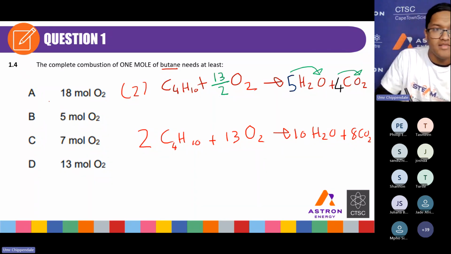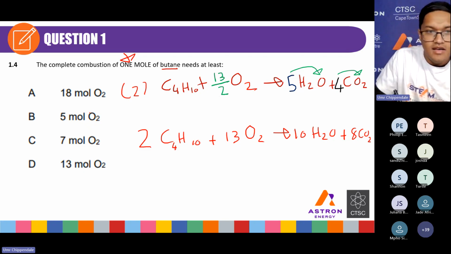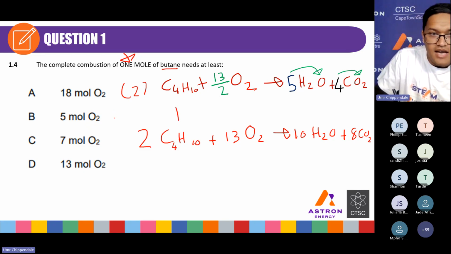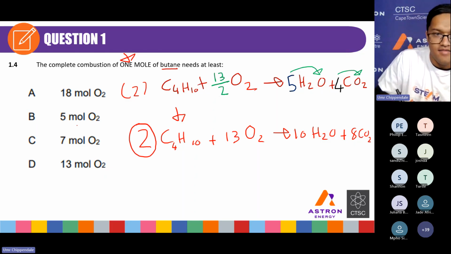But they are asking us to complete the combustion of 1 mole of butane, of what we need at least for this. So in that case, we now need to get this in terms of 1 mole of all of that. So butane is on this side, and this is worth 2 moles of butane. So now again, we're going to have to divide everything by 2.